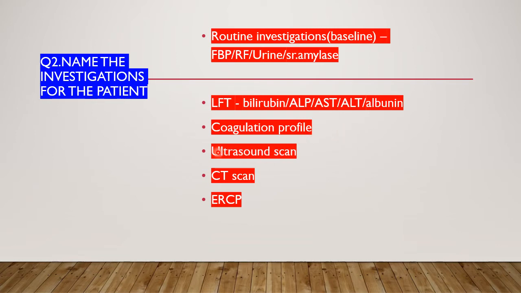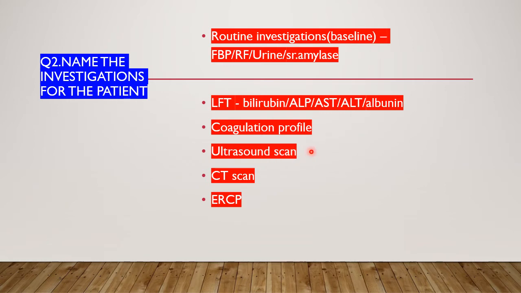In the imaging investigations, the preliminary investigation will be an ultrasound scan, which will give you the nature of the gallbladder, presence of gallstones, the dilatation of the bile ducts, especially the common bile duct and intrahepatic ducts, and at the same time, in a small percentage of patients, the possibility of a stone can also be detected in the common bile duct on ultrasound.